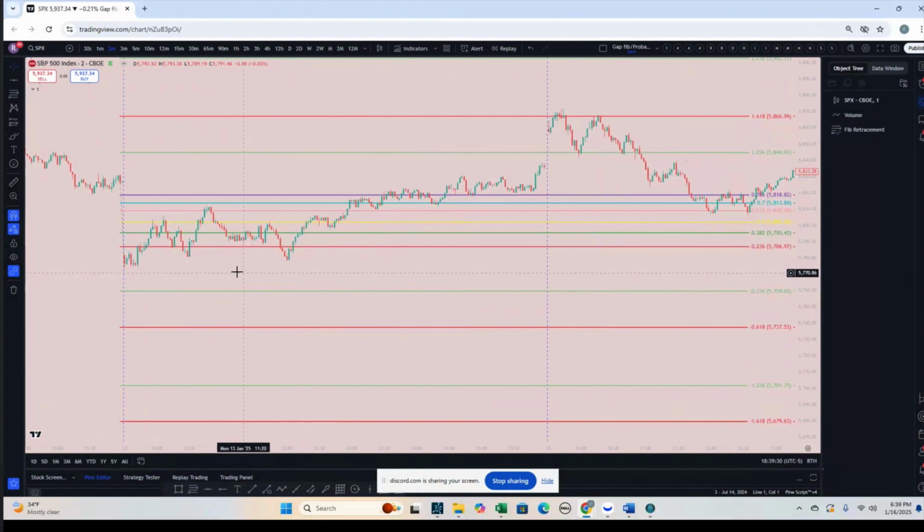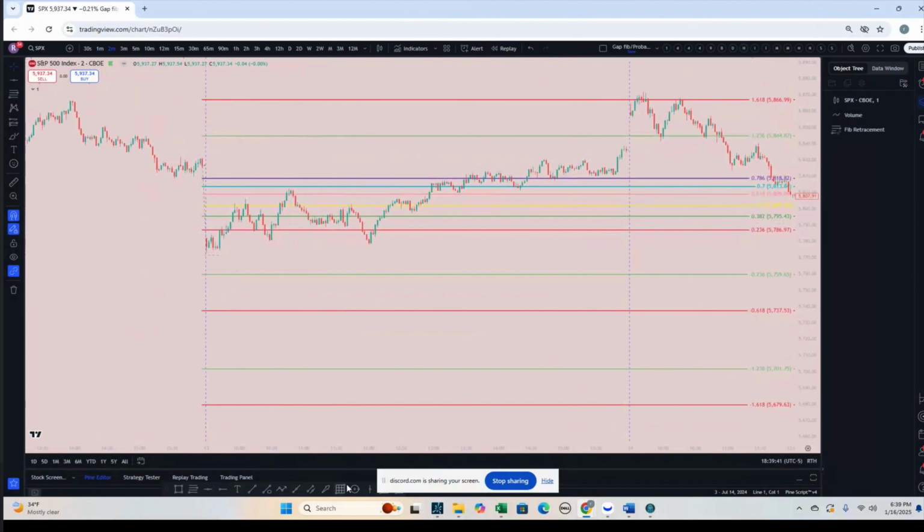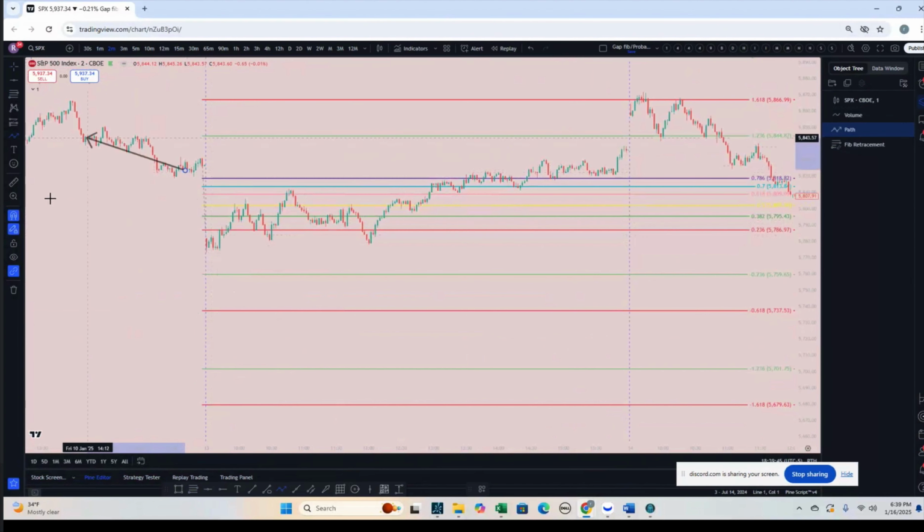The reason it's a scenario, no, sorry, scenario 4, is because we closed the gap. So remember, scenario 1 is we gap up and hit PZ straight off, or we gap down and hit PZ straight off.